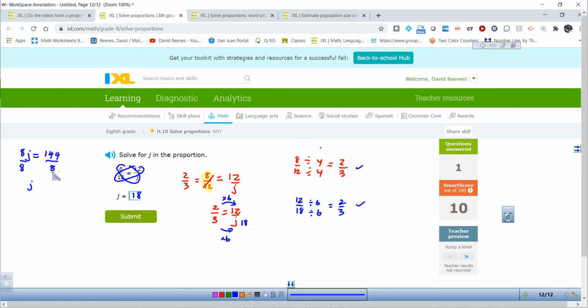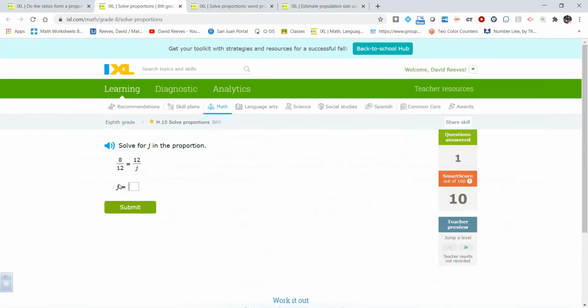So I do 144 divided by 8, which turns out to be 18. But I'm going to recommend if the entire ratio you're given can be simplified, simplify it first, okay? And then that will usually make solving it much easier and faster.